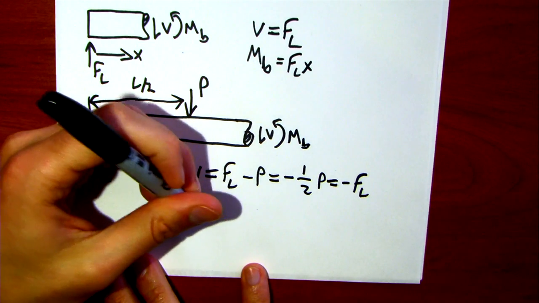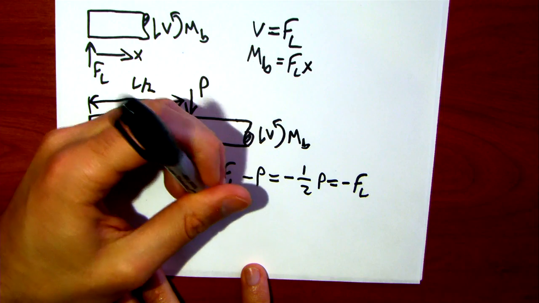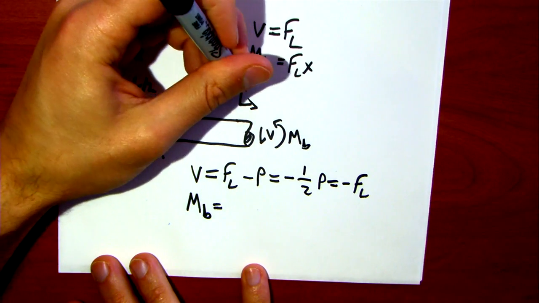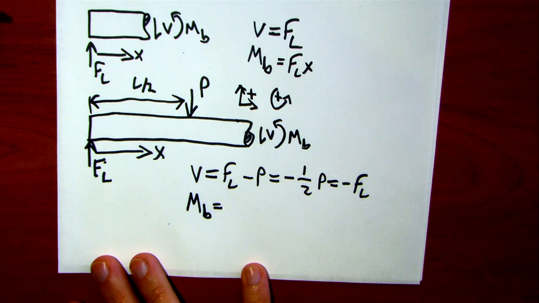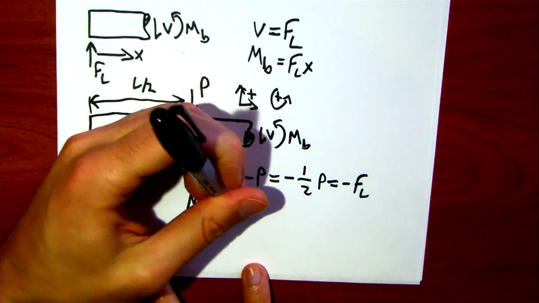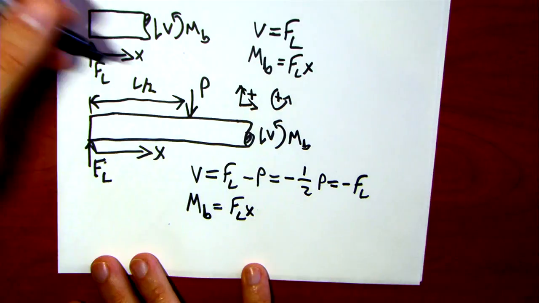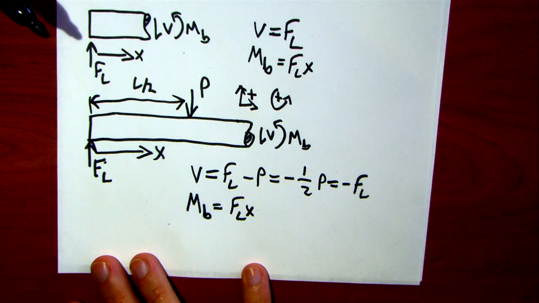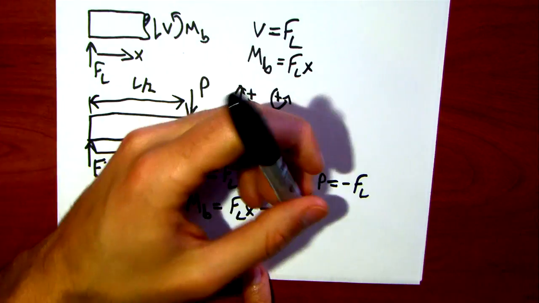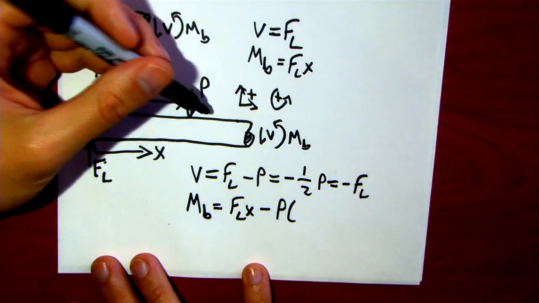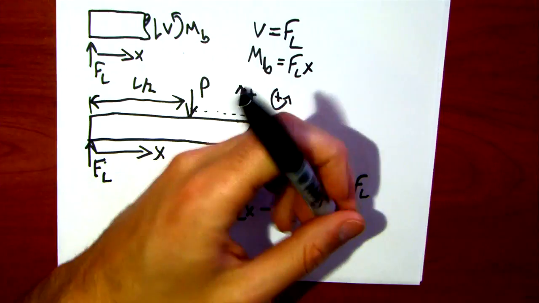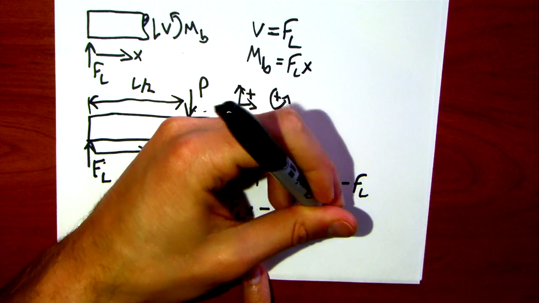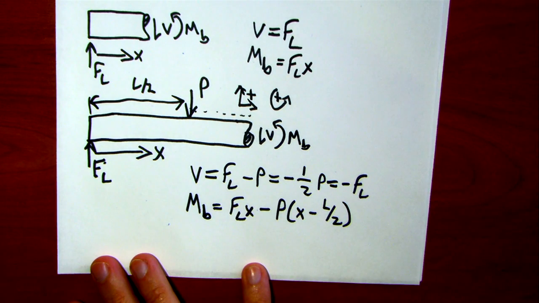Similarly, MB, with some positive directions here. It started out with MB equals FL times X, and I'm now looking at P generating an opposite moment to that, so minus P, and it's only generating moment at this much of a moment arm, so I might say X minus L/2 from the section would be its moment arm.